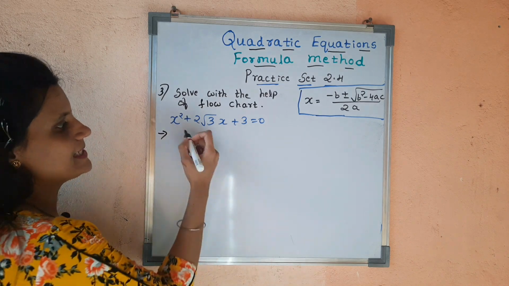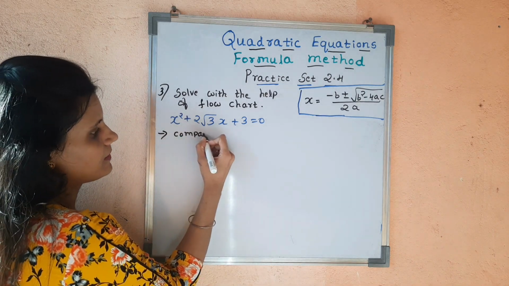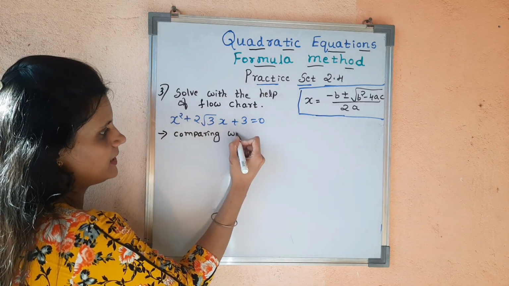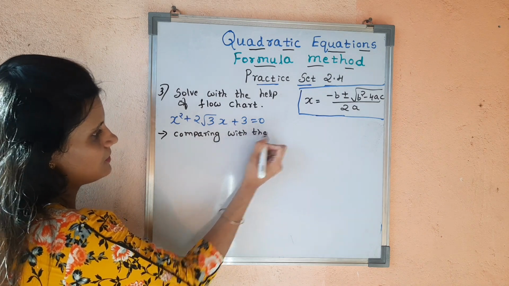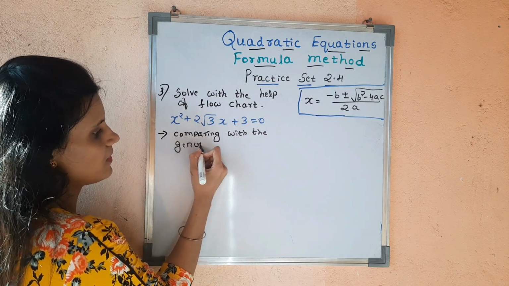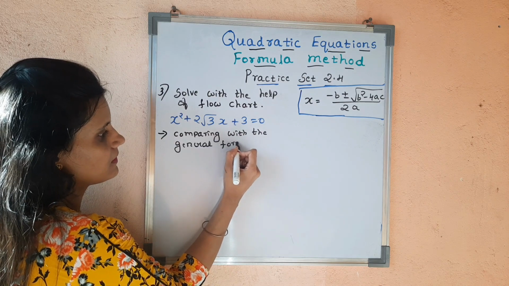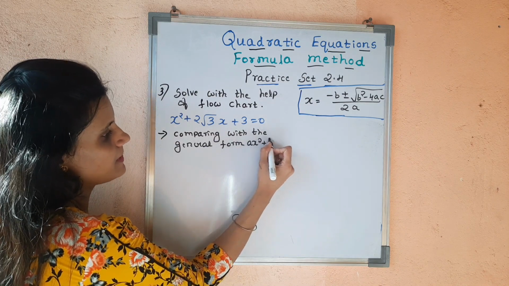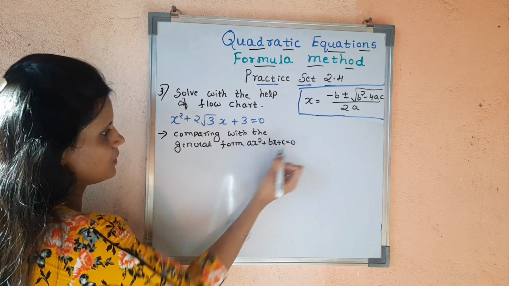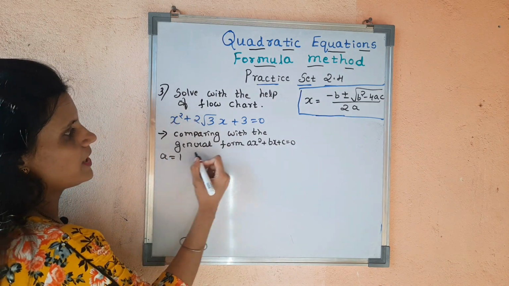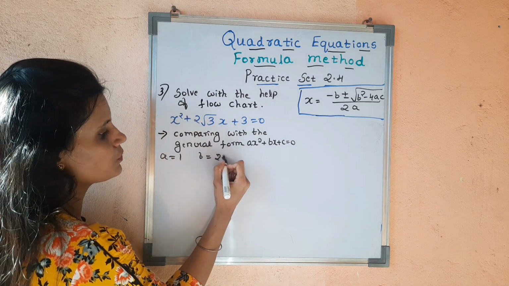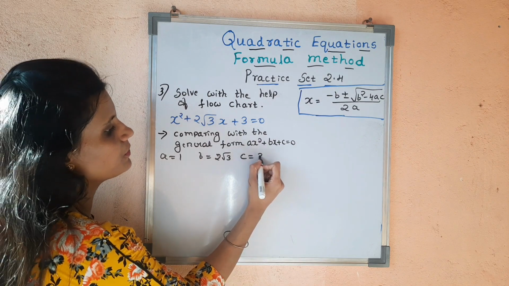Our next step is comparing with the general form, ax square plus bx plus c is equal to 0. We get a is equal to 1, b is equal to 2 root 3 and c is equal to 3.